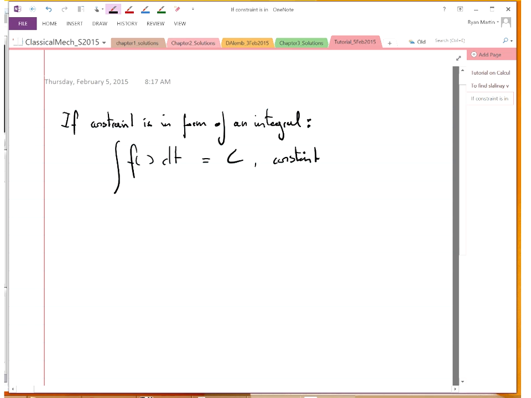So instead of the constraint being f equals 0, the constraint is the integral of f equals c.